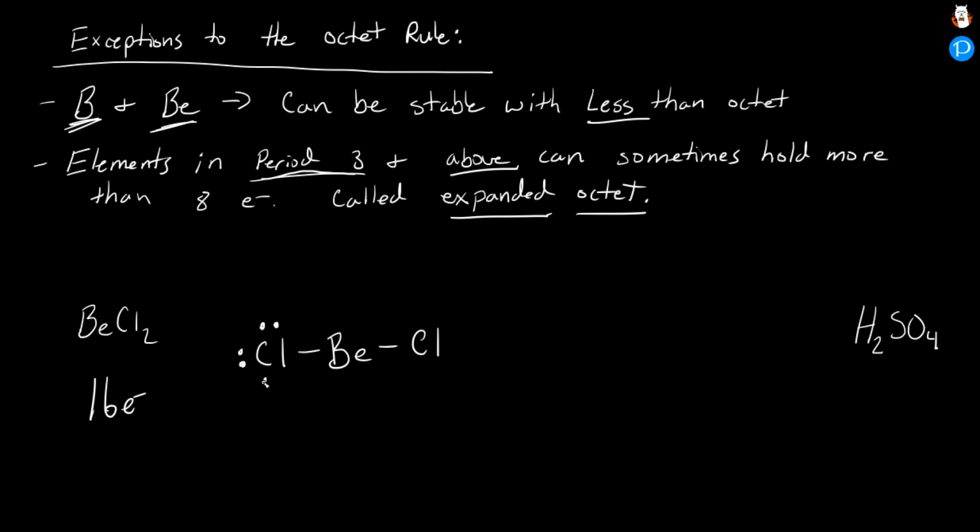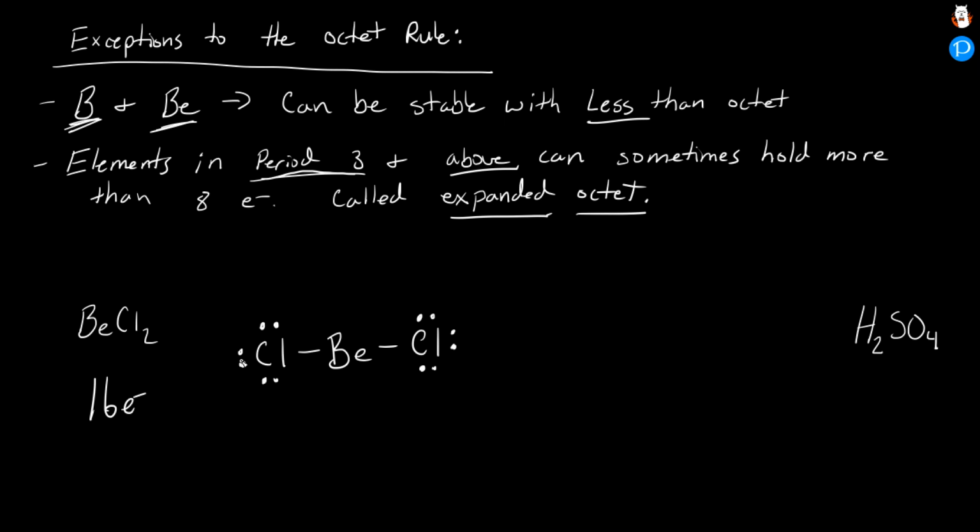I'm going to put those lone pairs, is what we call these electrons here. These pairs of electrons that are non-bonding, we call those lone pairs or non-bonding pairs. So I'm going to put these lone pairs around each chlorine so that each one has an octet.